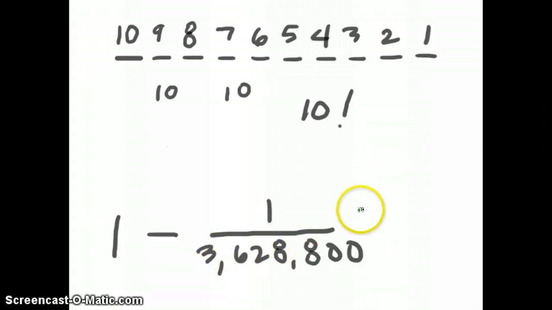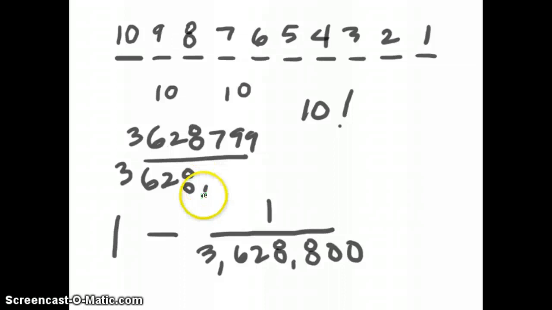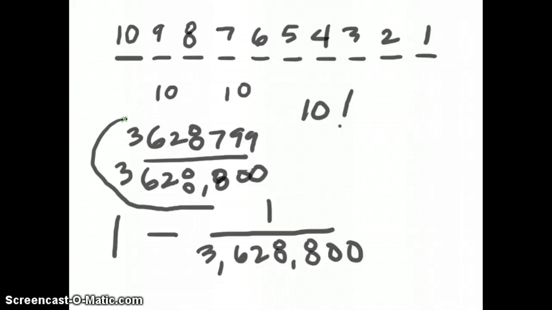And when you subtract it out, you get 3,628,799 over 3,628,800. And that right there is the odds that Frank goes to prison. Not very good odds for our boy Frank.